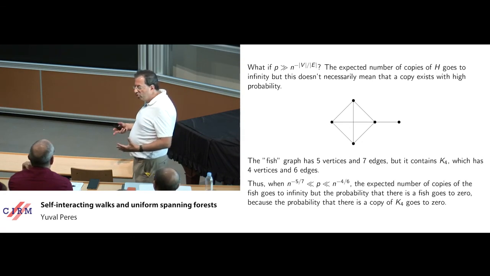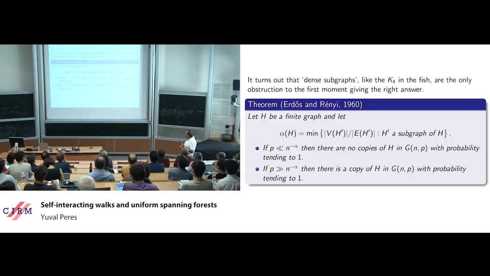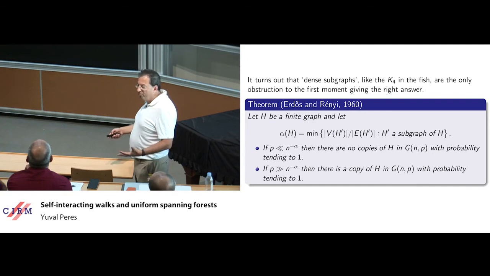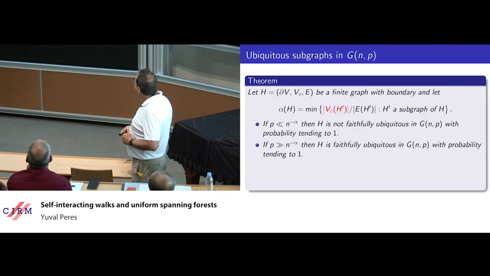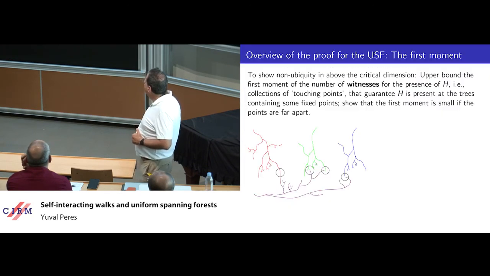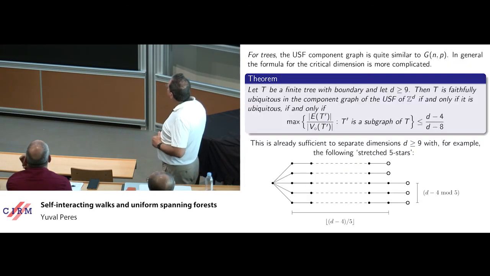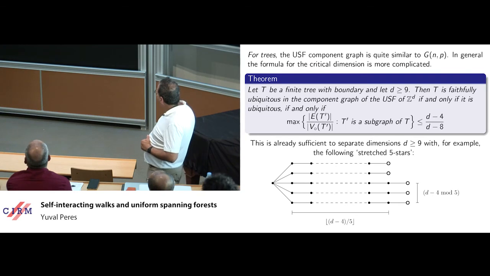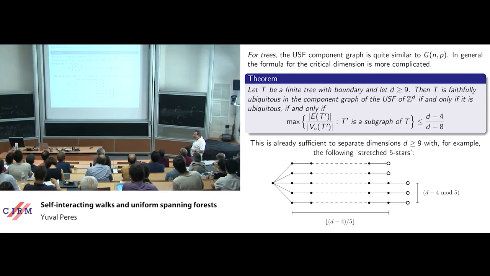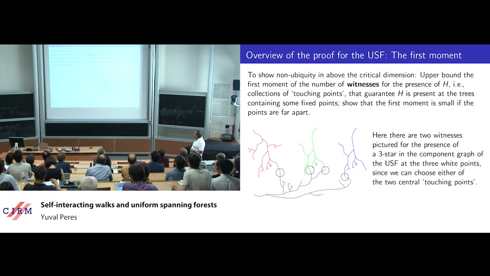So you have to look not just at the expected number of occurrences of a graph, but also at all subgraphs. Some ideas from that Erdős-Rényi theory are needed here, and they have to combine with all this theory of the Wilson algorithm and a lot more. So finally, there is a criterion that allows us to analyze the general case.